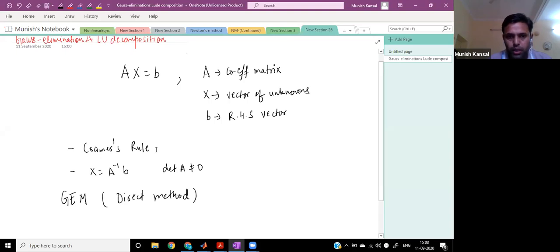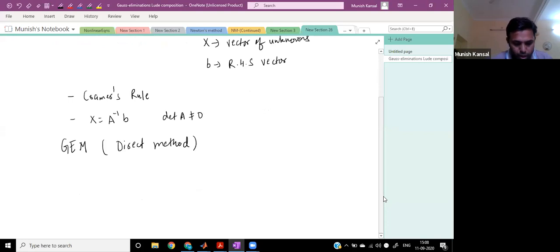So the first method is Gauss elimination method. Then we will go to the LU decomposition, right? So first let me explain you the idea of Gauss elimination, right? So we start with the linear system of equations, say Ax is equal to b.